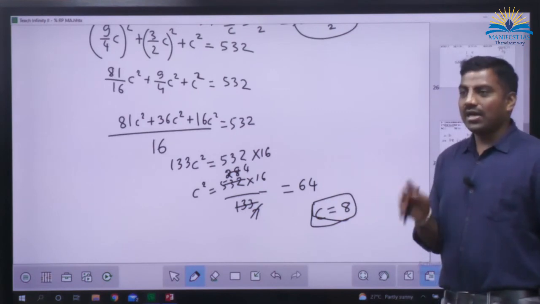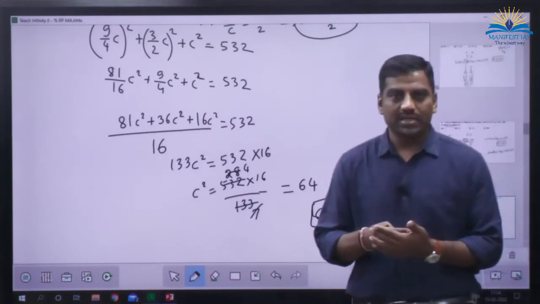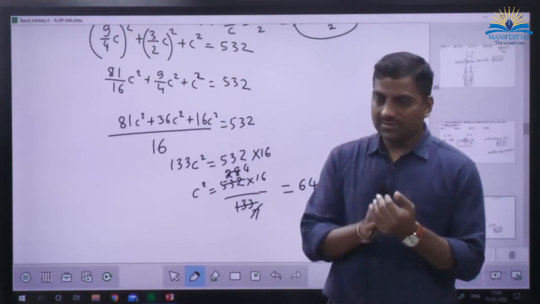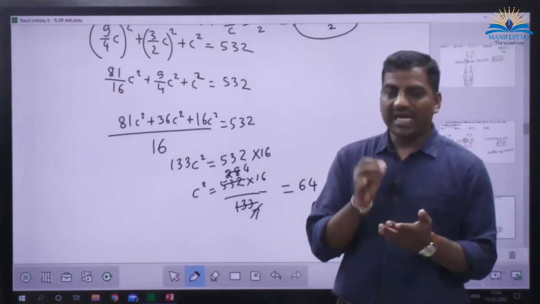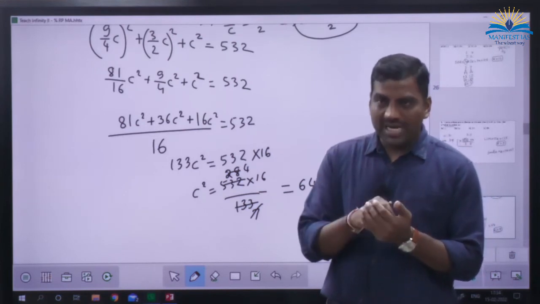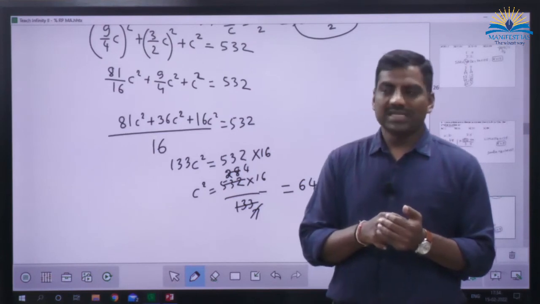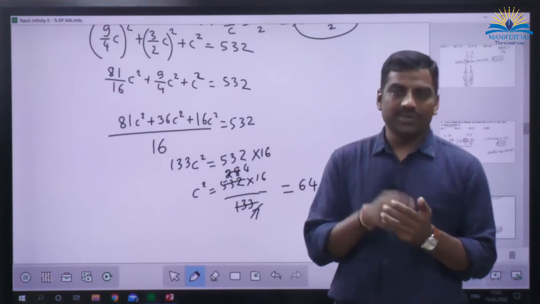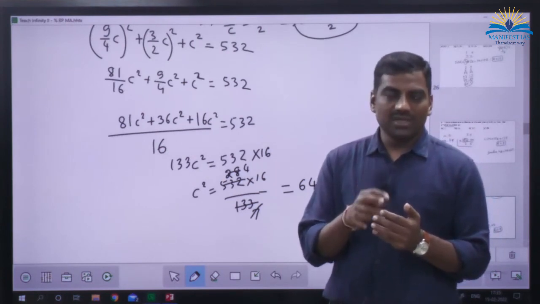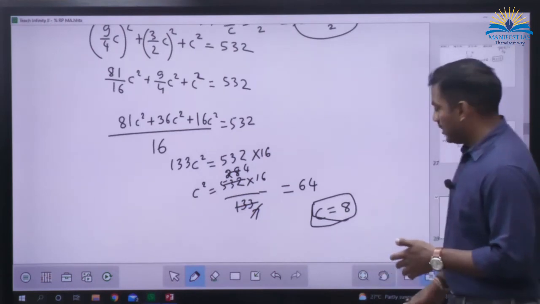That is why while solving equations, I make sure that the number of variables is equal to the number of equations. First check. Second check: what do we want from the equation? Which variable? Try to keep that. Other variables, try to discard them. So express everything in terms of the required variable. That is what we get. C is equal to 8. Done.